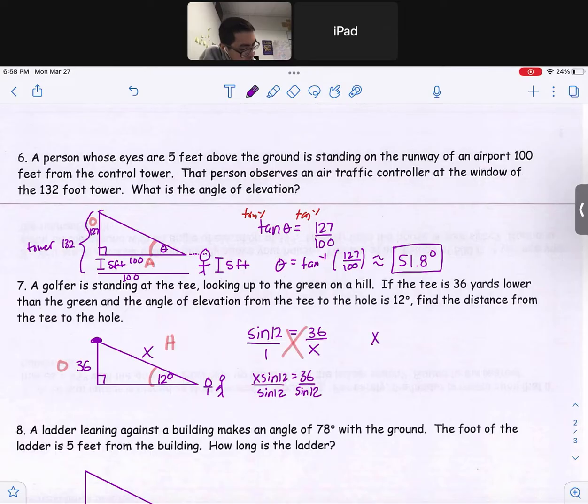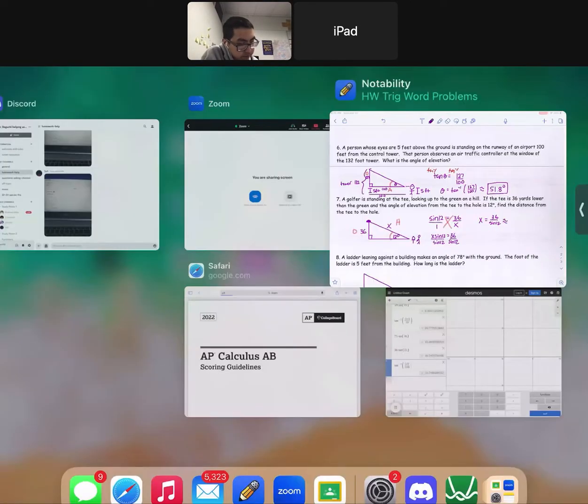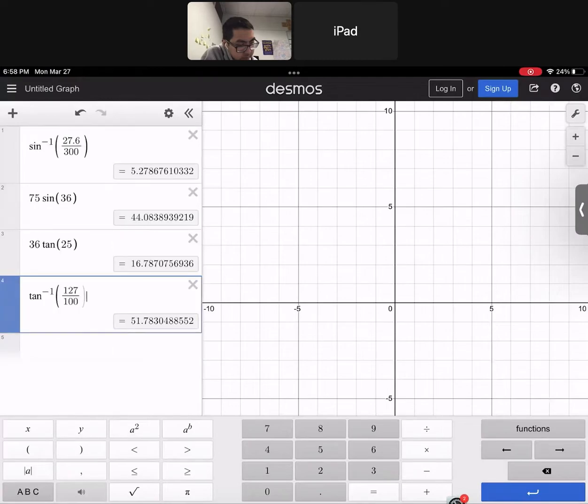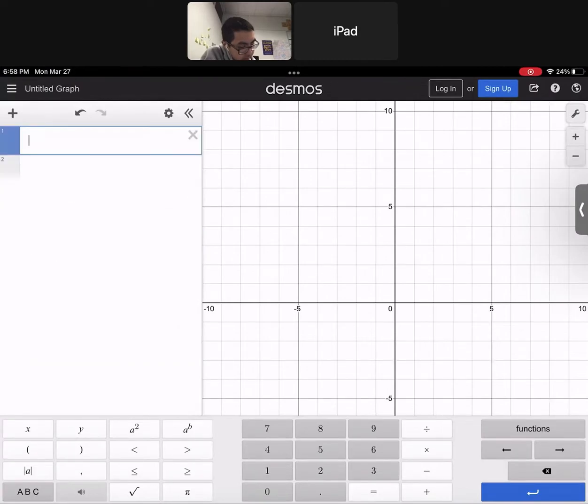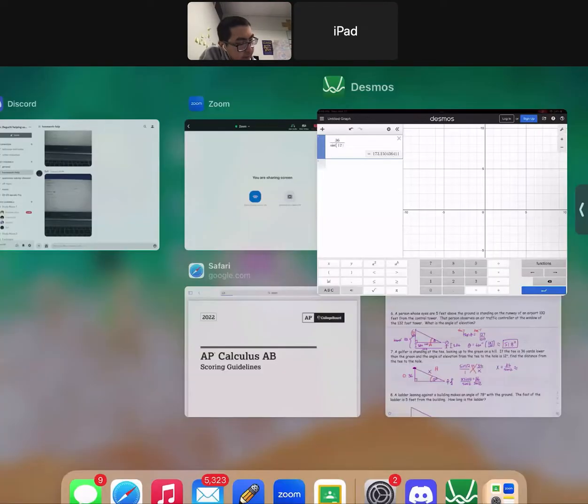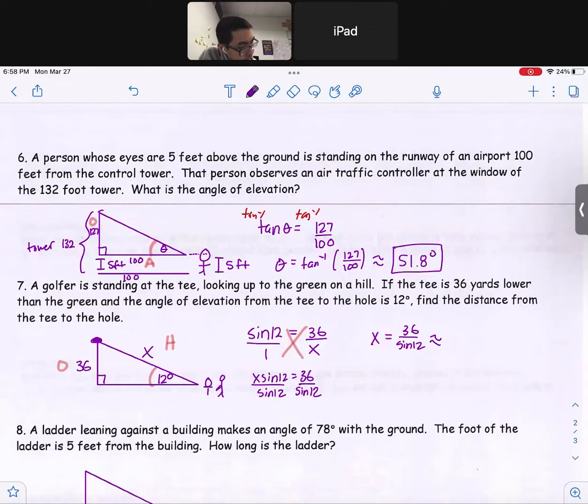So x is equal to 36 divided by sine of 12, which is approximately 173.2 yards away, right? 173.2 yards away.